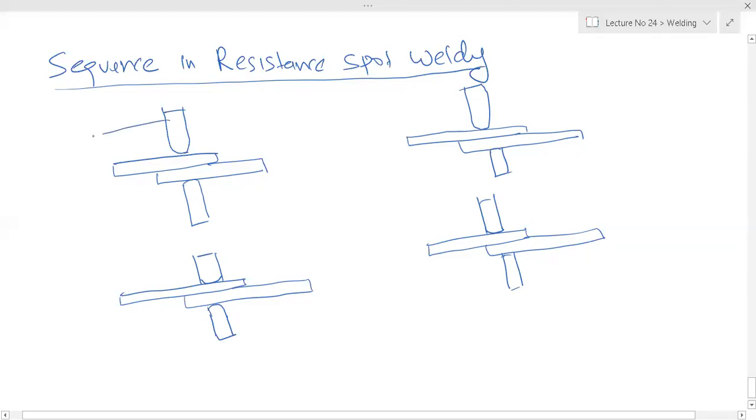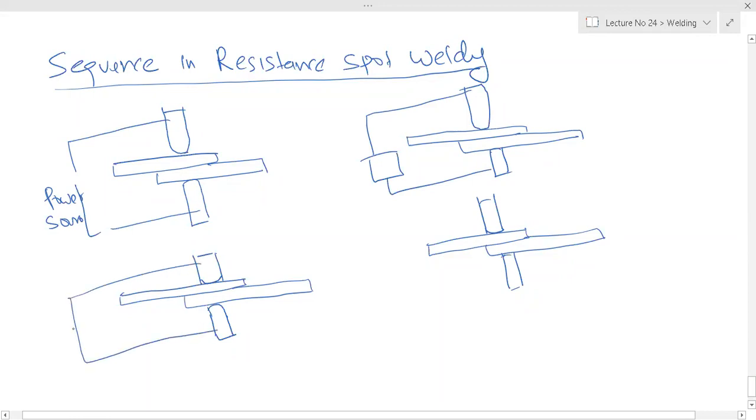So here we'll apply current, very high current, from a power source. All figures are the same. This is your electrode.